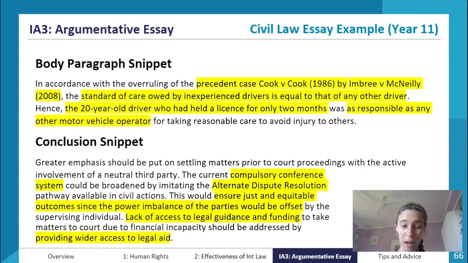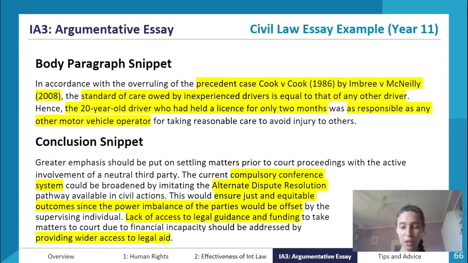In my scenario, I had a 20-year-old driver who had only been driving for 2 months. You may think they need more leniency in the way that they are seen before the law, but they are actually, according to that precedent, as responsible as any other motor vehicle operator for taking reasonable care to avoid injury to others.